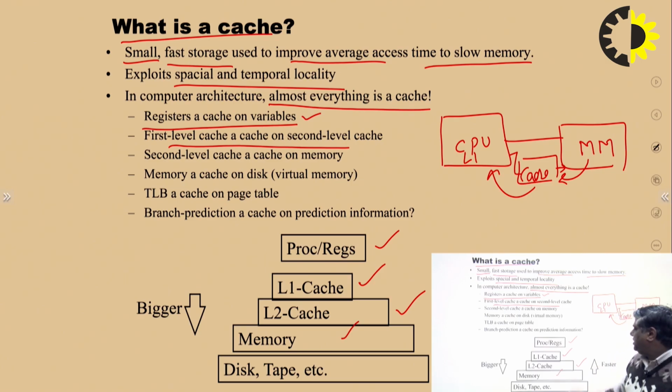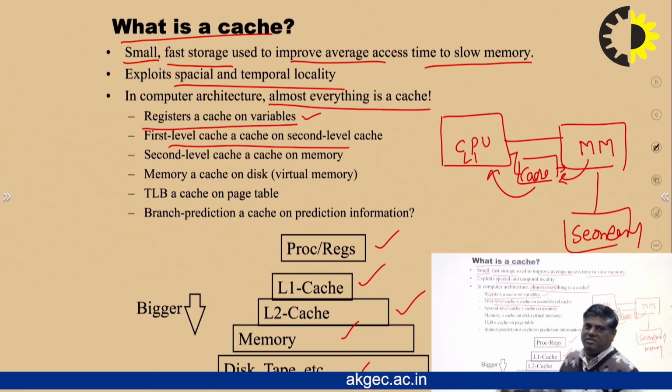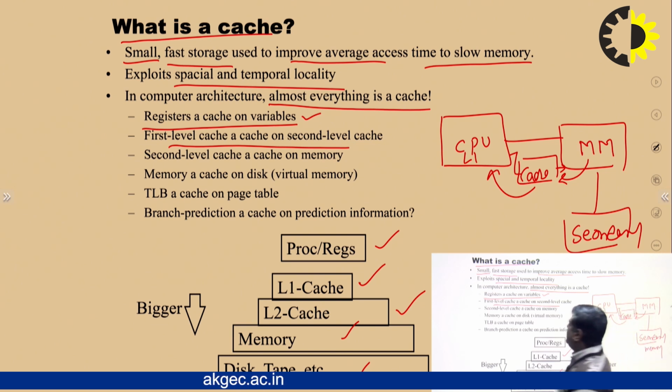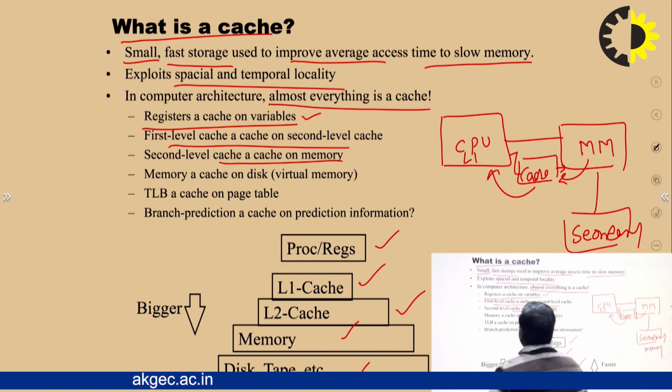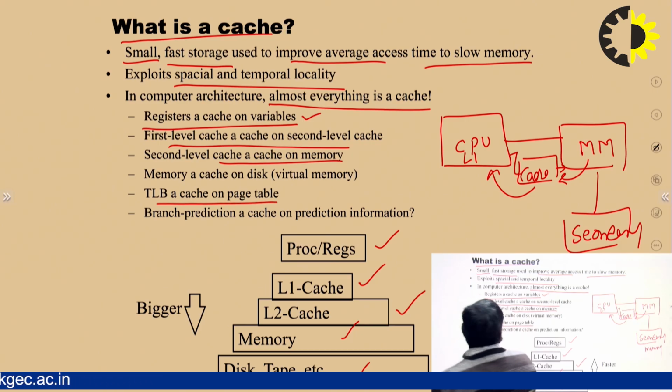Then comes the memory, that is the main memory. Then the secondary memory is designed here. So these are some memory hierarchy concepts. The second level of the cache is the L2 cache, and the TLB.